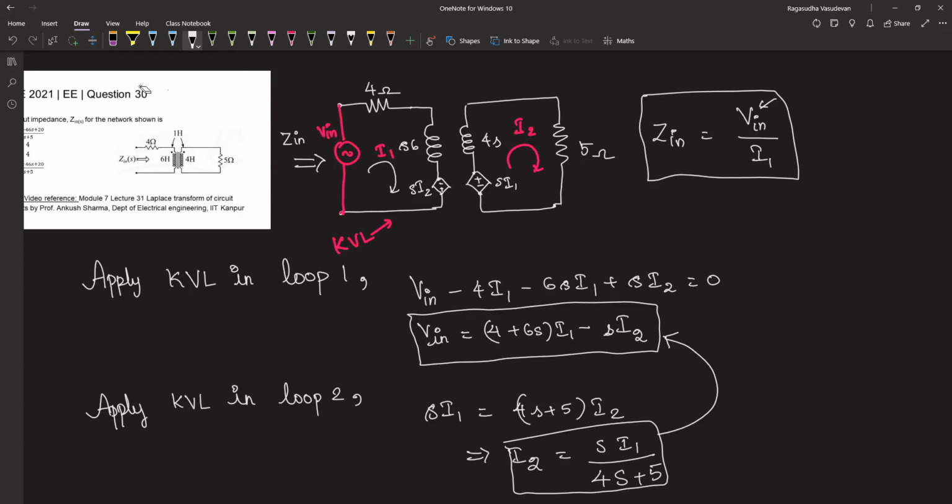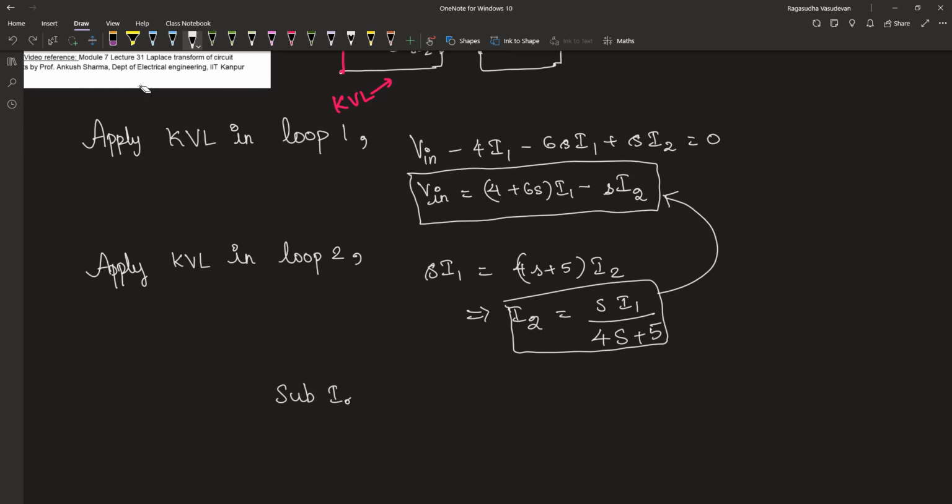So we have to replace I2 in terms of I1. That is why I am finding out the value of I2 from the second loop and then substituting it in the first equation, so that we will eliminate the unknown term and then we will form an equation with the terms that we require. So once we substitute that into the equation, we will get Vin is equal to 4 plus 6s times I1 minus s into SI1 divided by 4s plus 5.